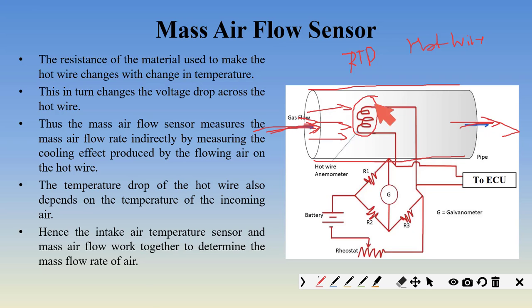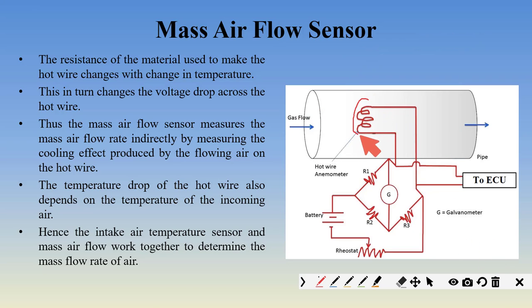As the air flows over this, you can imagine what is going to happen. Air is going to come in contact with this wire. This wire is heated to a higher temperature, let us say 100 degrees Celsius. As the air flows over this wire, because of airflow there will be convection.